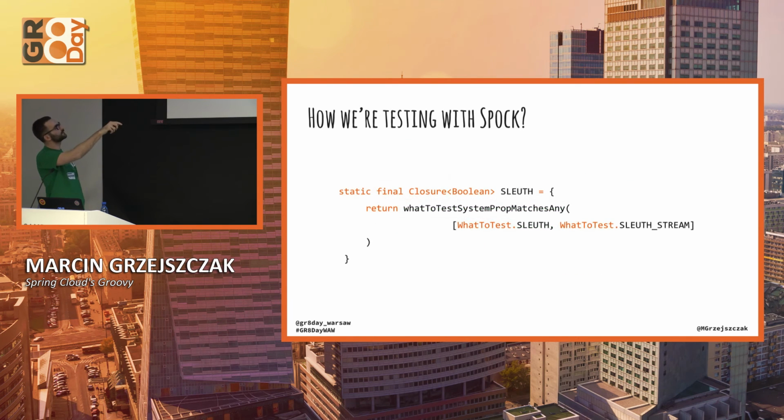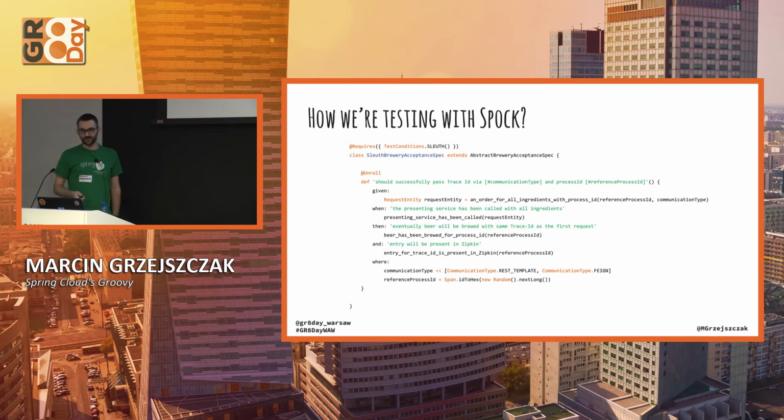This is the closure that I'm executing. I'm checking if the test system properties that were passed to the tests are either sleuth or sleuth stream. Sleuth stream is another way of making sleuth propagate spans. It doesn't matter. I encourage you to start profiting from this requires annotation in your tests too, because sometimes you may run tests even though you shouldn't, and you are wasting time.